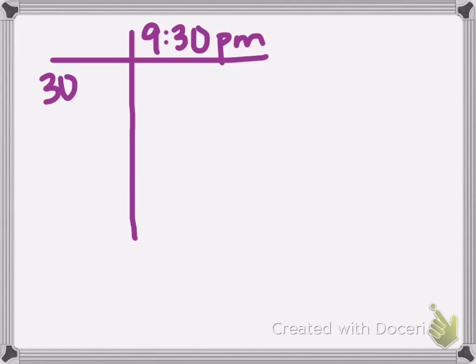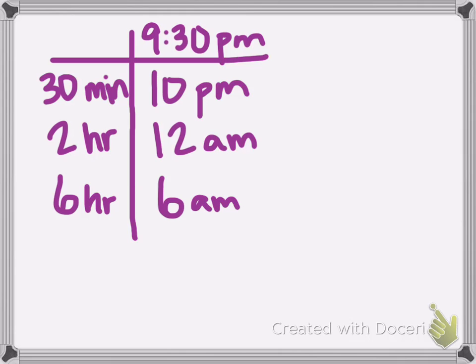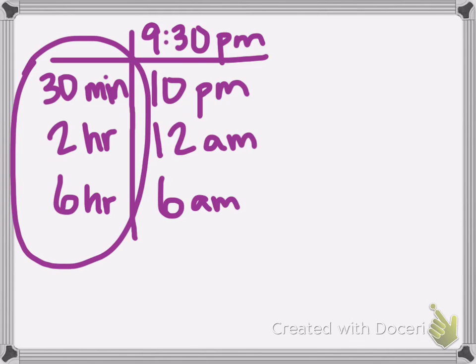So 30 minutes would be 10 p.m. Two more hours would be 12 a.m. And 6 more hours would be 6 a.m. How much time passes between 9:30 p.m. and 6 a.m.? 8.5 hours.